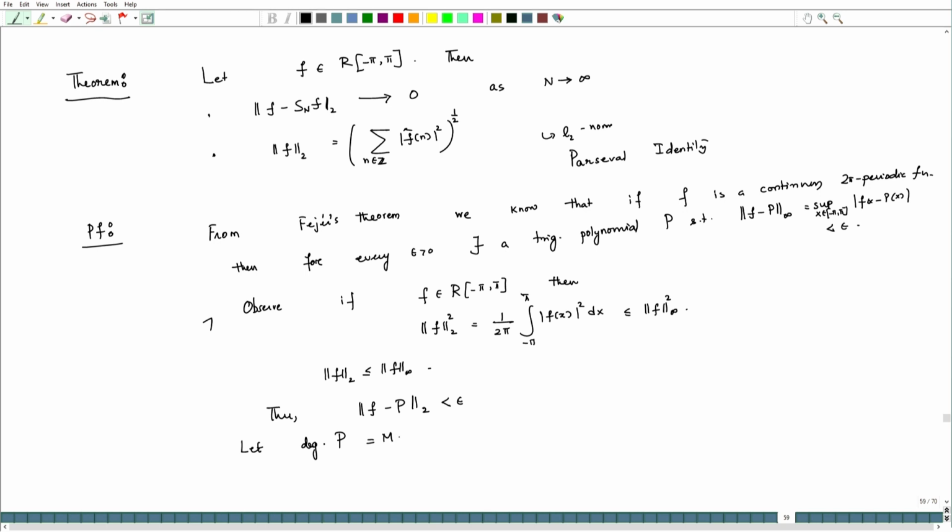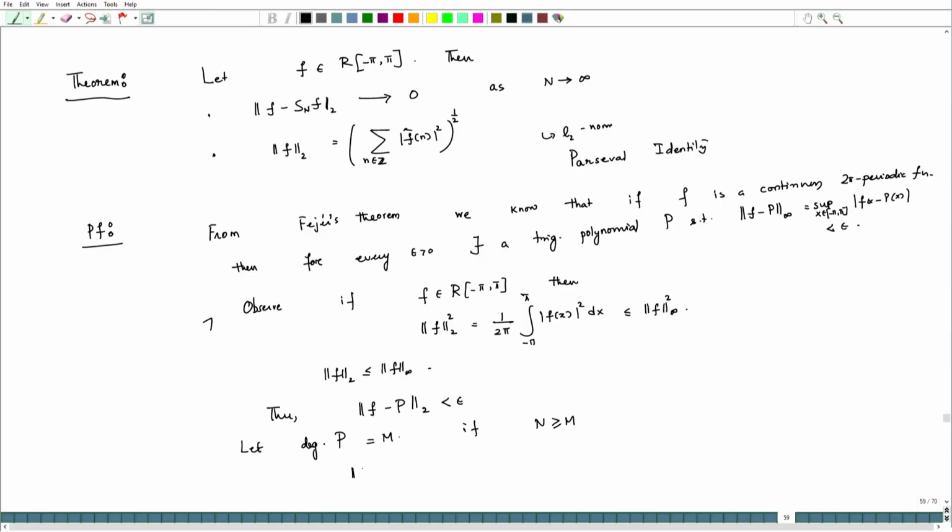Therefore, if I choose n greater than or equal to m, then p is a trigonometric polynomial whose degree is less than or equal to n. Therefore, from our earlier observation in the proposition, the 2-norm of S_n f minus f is less than or equal to the 2-norm of f minus p, which is again less than or equal to the sup norm of f minus p. This is less than epsilon by Fejér's theorem.